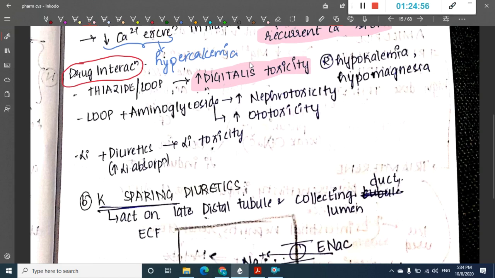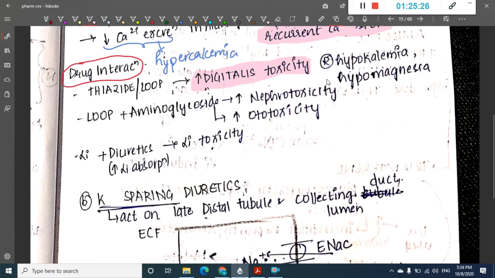This hypokalemia and hypomagnesemia will aggravate the digitalis toxicity, so thiazide and loop diuretics indirectly increase digitalis toxicity. Then never combine loop diuretics and aminoglycosides, because loop diuretics by themselves have increased chances of nephrotoxicity and ototoxicity, and combining them with aminoglycosides increases the chance of nephrotoxicity and ototoxicity.